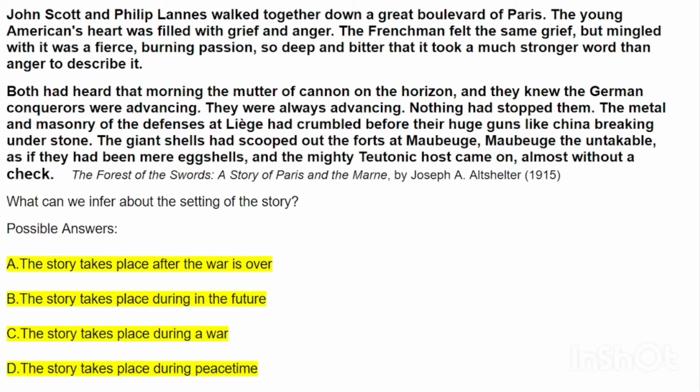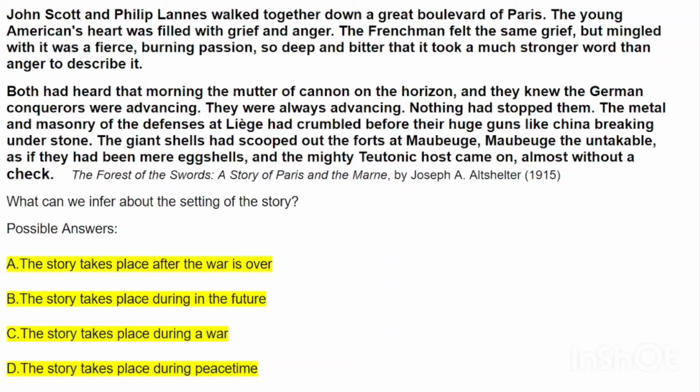So I guess once you see the word canon, we can infer that there is a war going on, and the Germans would be more powerful because they are always advancing, as the passage says. Nothing had stopped them.